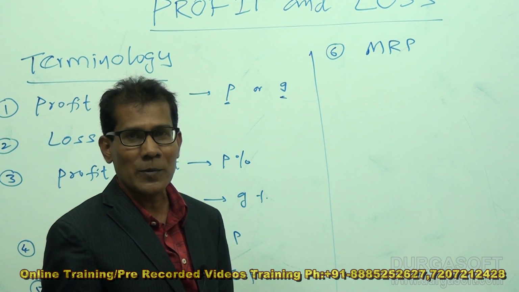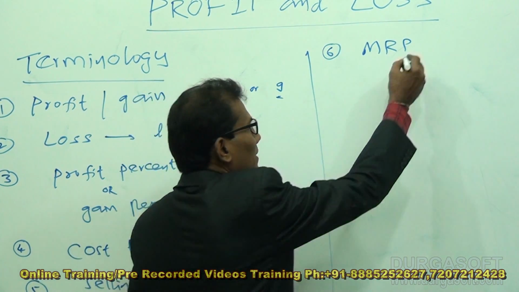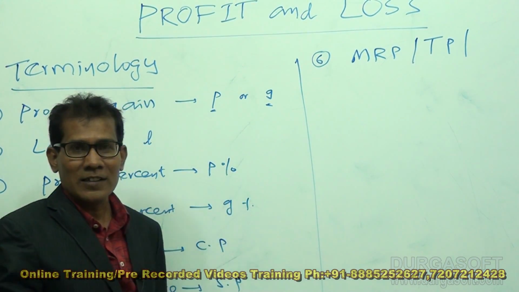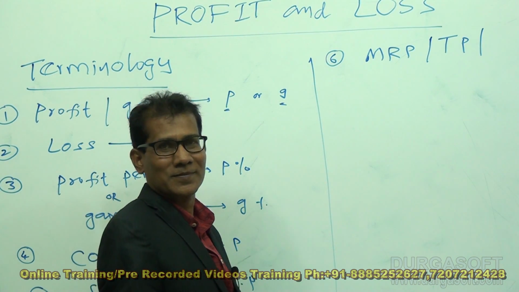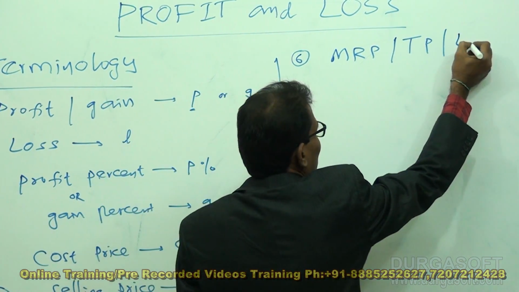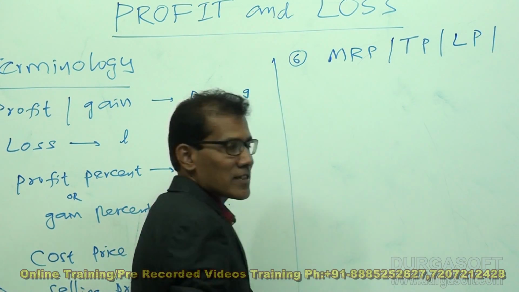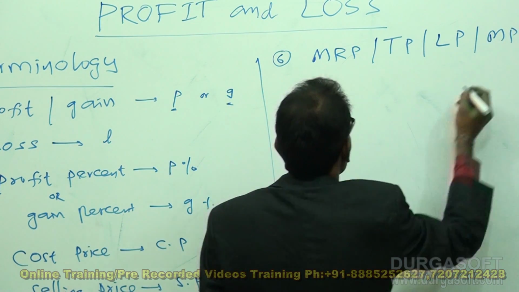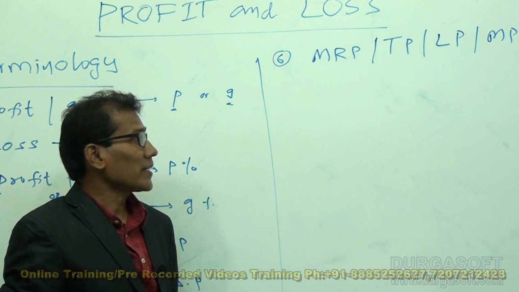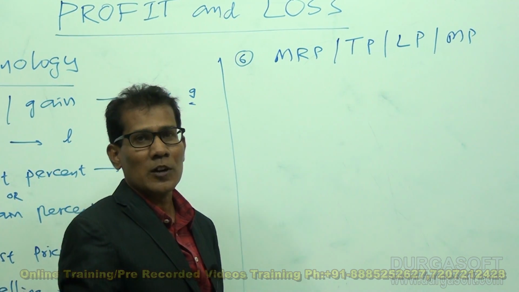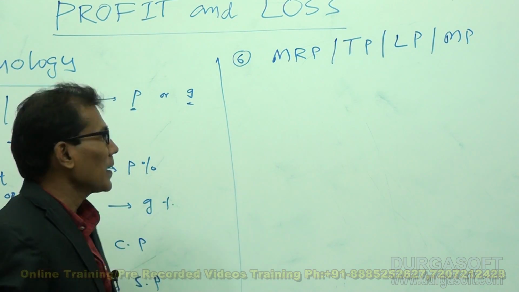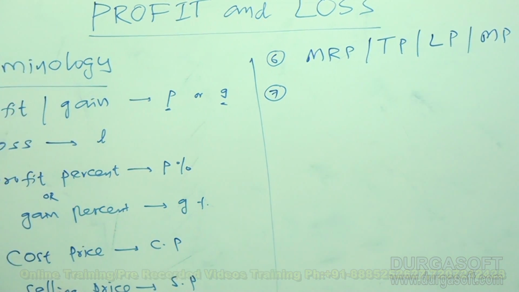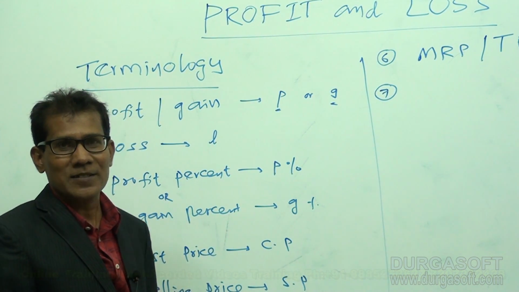And what is the other name of MRP? This MRP is also called tag price. TP is tag price, or other names are listed price or labeled price. Other terms we can say are marked price also. Maximum retail price, tag price, listed price or marked price, these are different names for the same thing. And next, anything else in this?